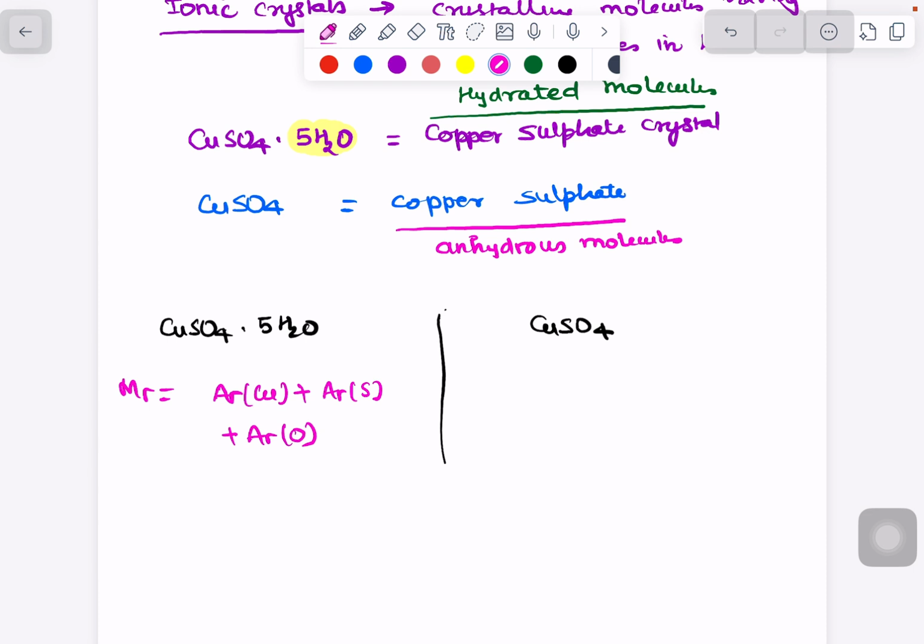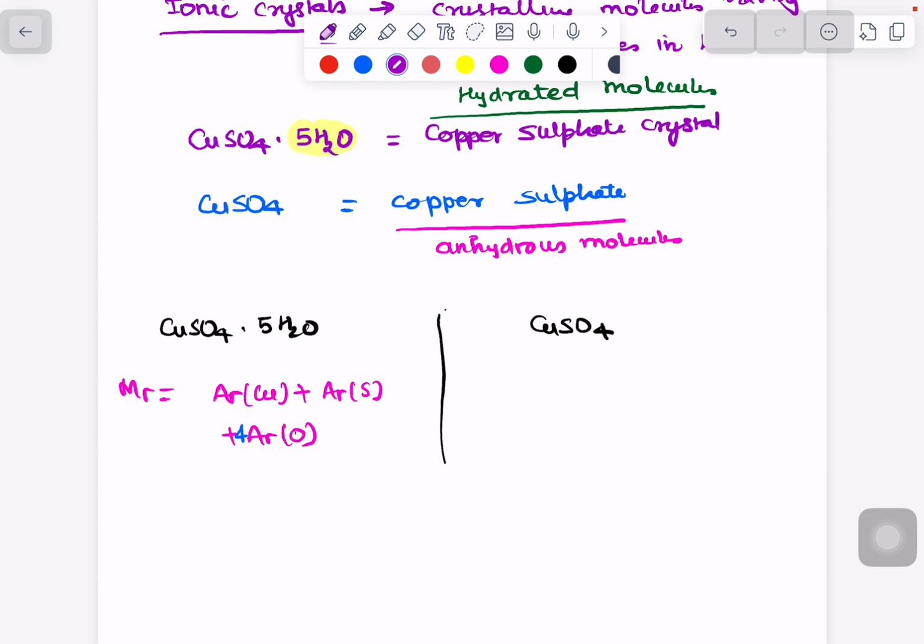and then we are going to write the number of atoms of each element. Copper is 1, sulfur is 1, oxygen is 4. And just to remind you here, in the formula it's CuSO4.5H2O, or you can say CuSO4 5H2O. It doesn't mean that we are going to multiply 5 H2O molecules. No. We are going to add them.